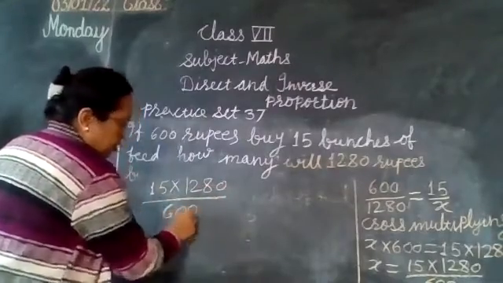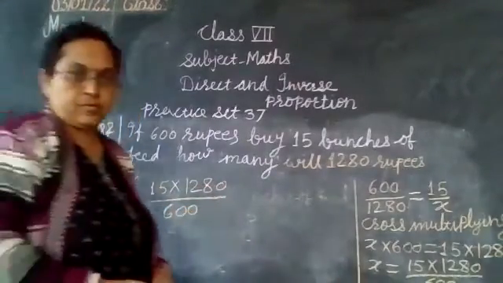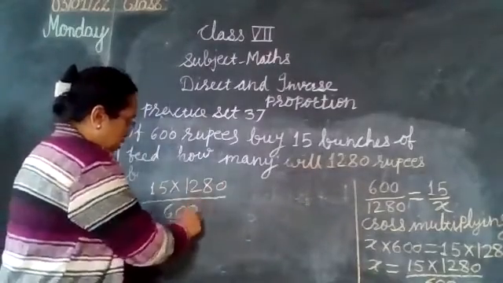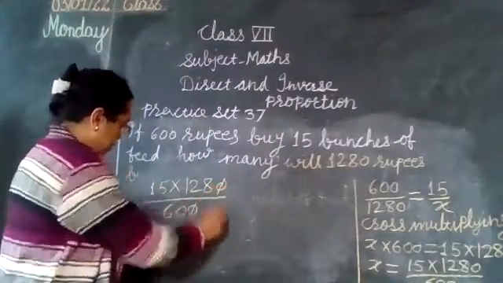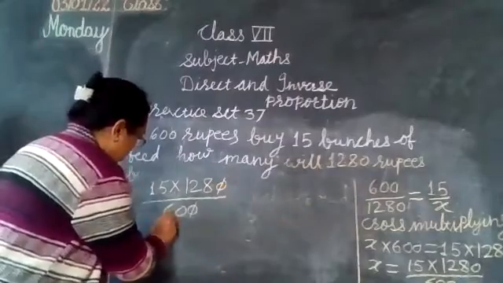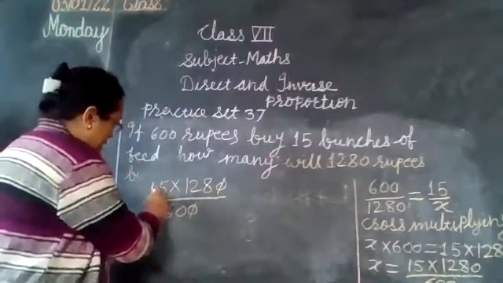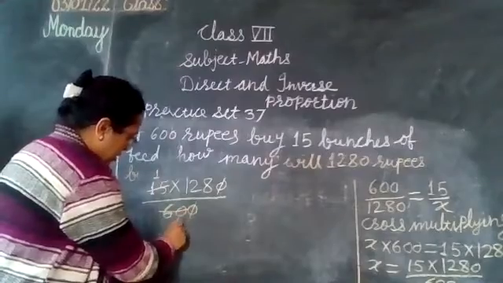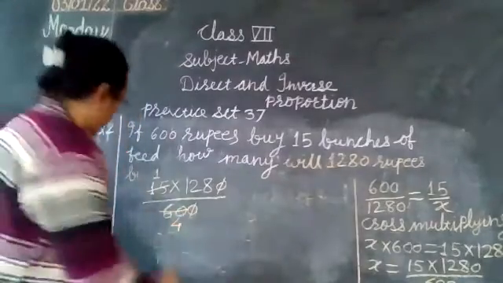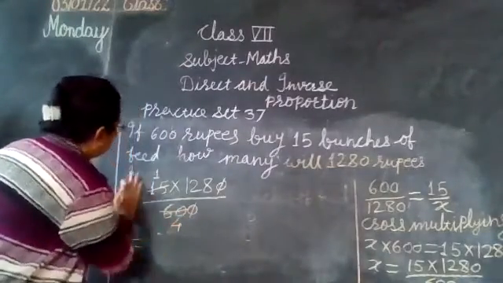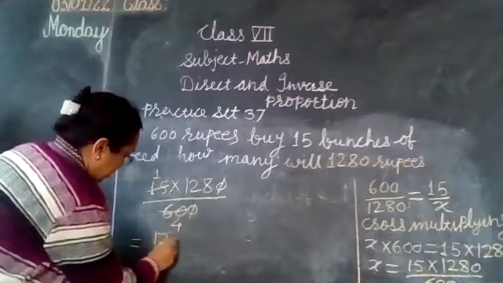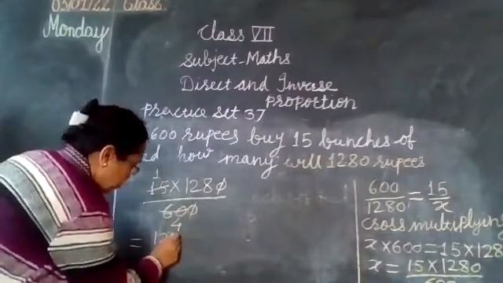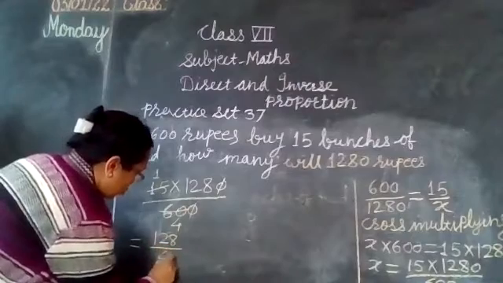Now while doing calculation, we should be wise enough. So let us reduce the numbers. The zeros get cancelled. Then 15 can be cancelled with 15 fours. So now we have 128 upon 4.